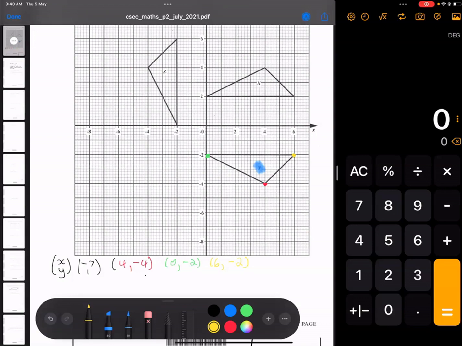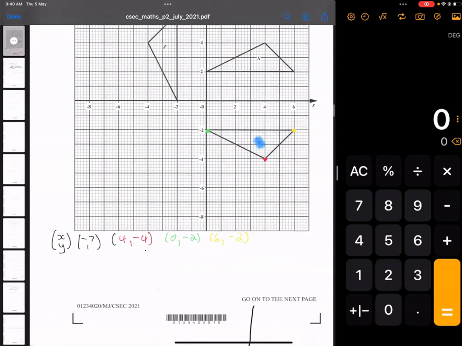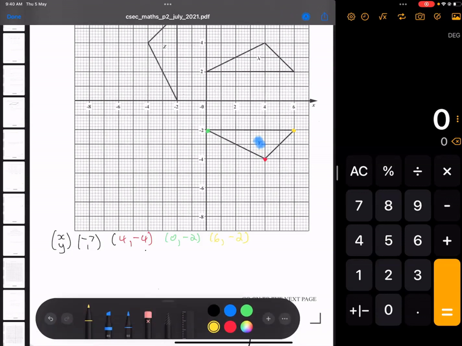So all we need to do with this vector is simply add, and then we'll get our new points.